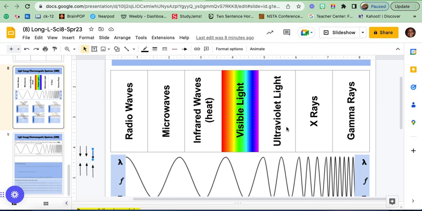Those are luminescent lights, lights that illuminate at a certain perspective, right? So ultraviolet light would be the light that would be in like lava lamps.